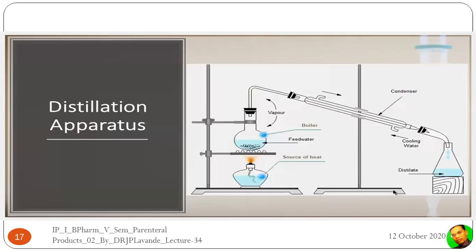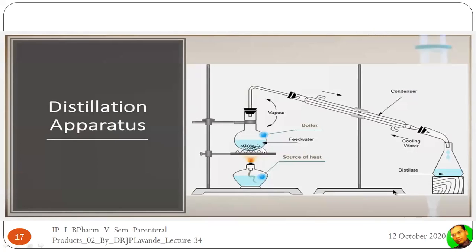This is the way by which the process of distillation is carried out, and the whole assembly is said to be the distillation apparatus. You can see there is a condenser, a round bottom flask, a spirit lamp, and a conical flask that will collect the distillate.